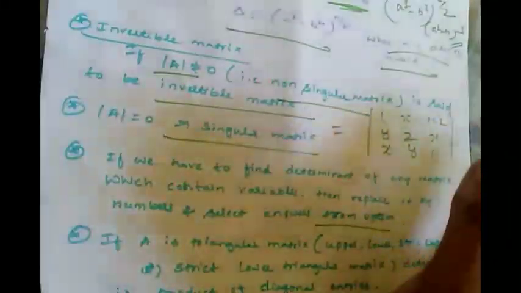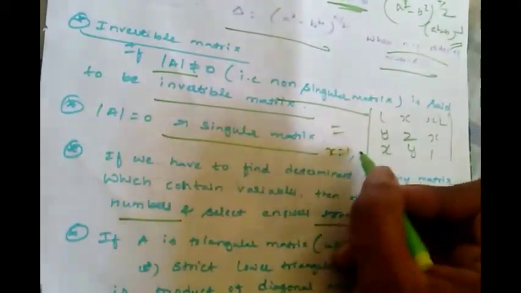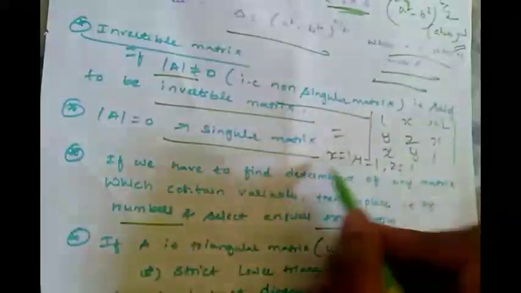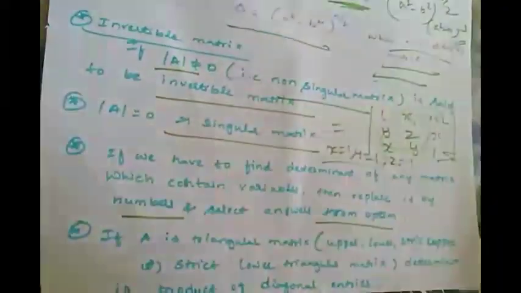Then we directly take some real numbers, suppose x is equal to 1, y is equal to 1, z is equal to 1. Based on the given matrix we take any real numbers, and according to the options we put the values and check. This is the trick, remember.